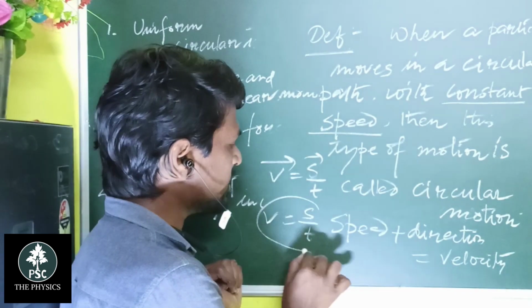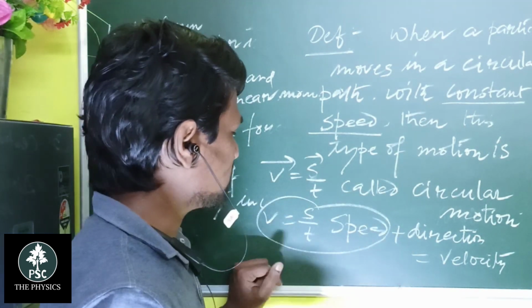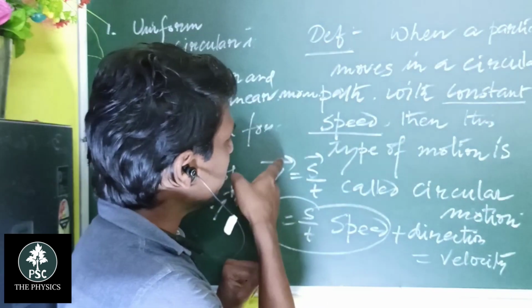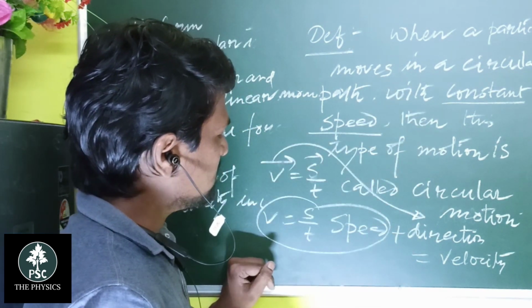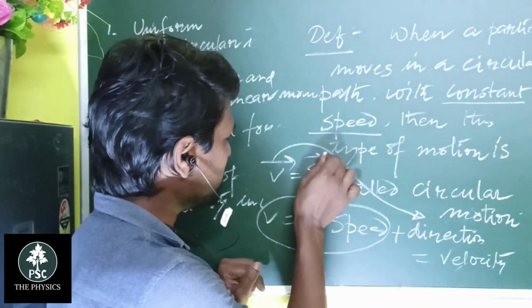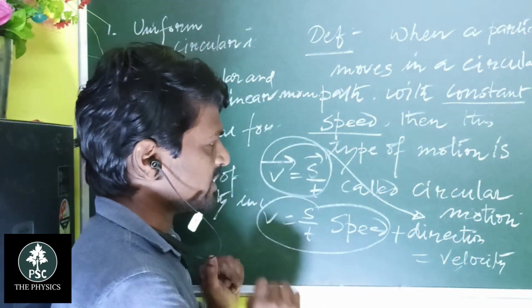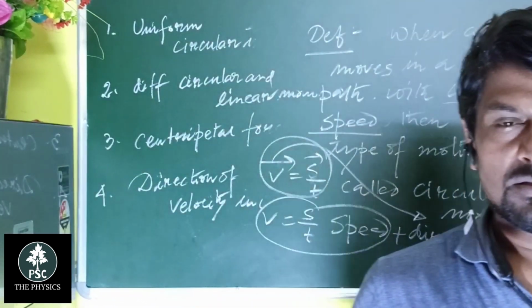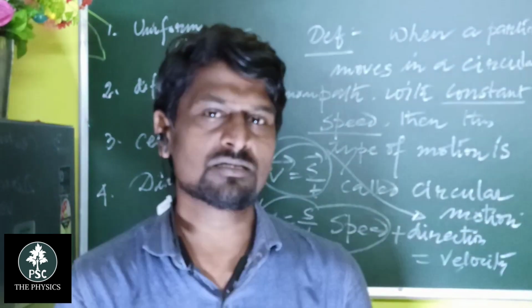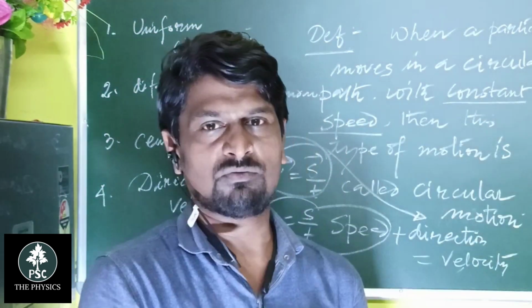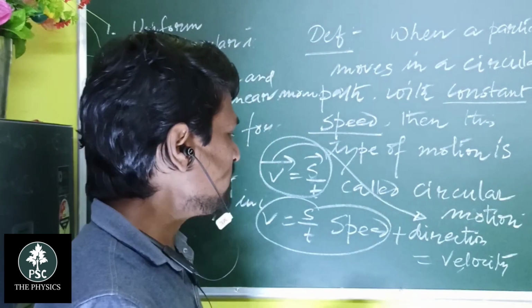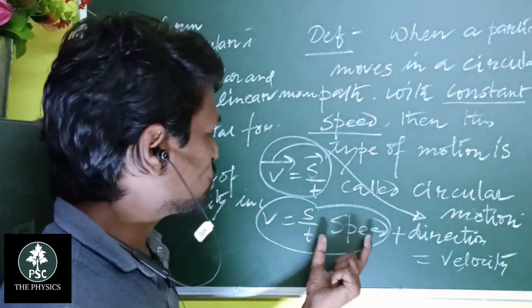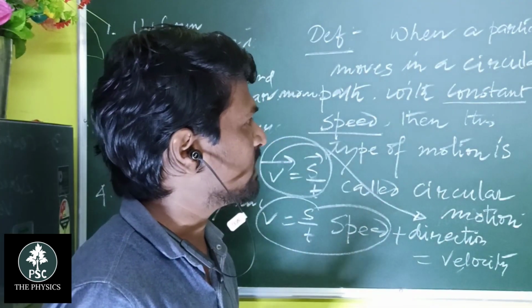When v equals s by t, that is called speed, and when we add a direction, then we can say this is velocity. Rate of change of distance is called speed, and rate of change of displacement is called velocity. So speed plus direction equals velocity.